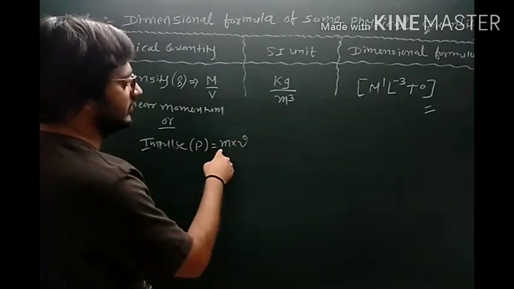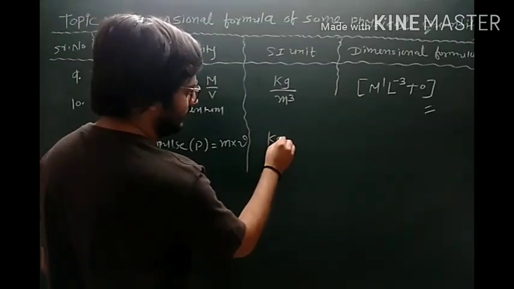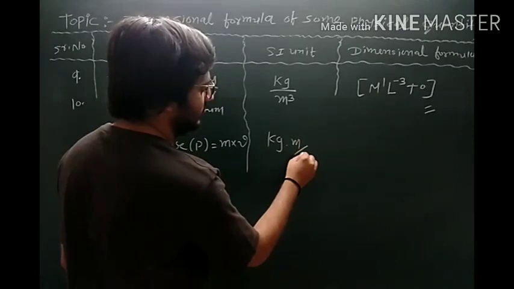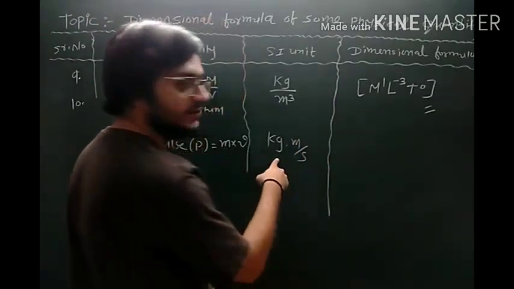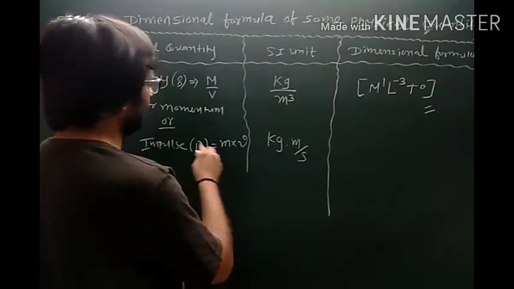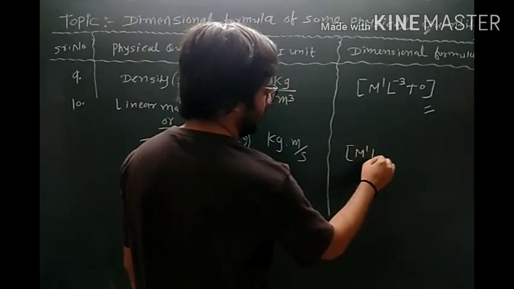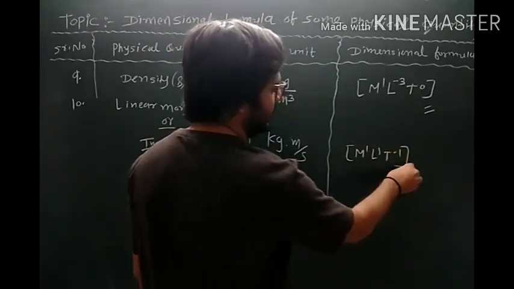Mass is measured in kilogram and velocity is measured in meter per second. So the dimensional formula of the impulse or linear momentum is M^1 L^1 T^-1.